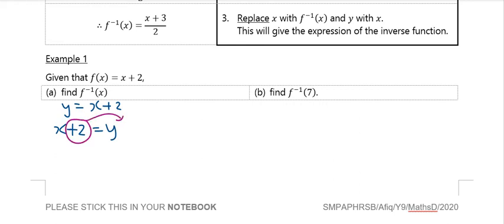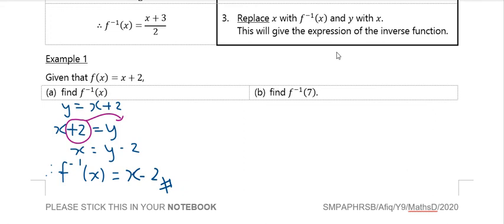So I will have x equals y minus 2. Just recall this step. You really have to remember it. Replace x with f inverse of x, and replace y with x. So f inverse of x equals x minus 2. Voila, there you have it. This is your inverse function.